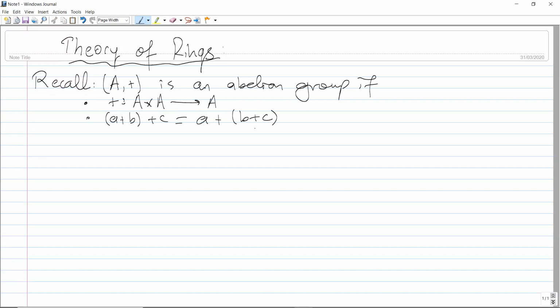So in group theory, we denoted this operation by dot. Since it's an abelian group, we will denote it by addition.